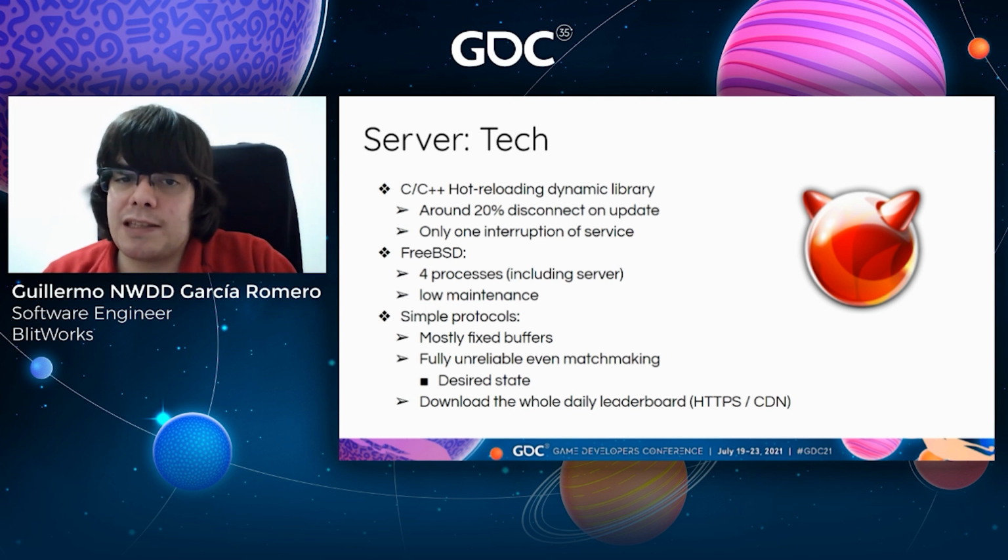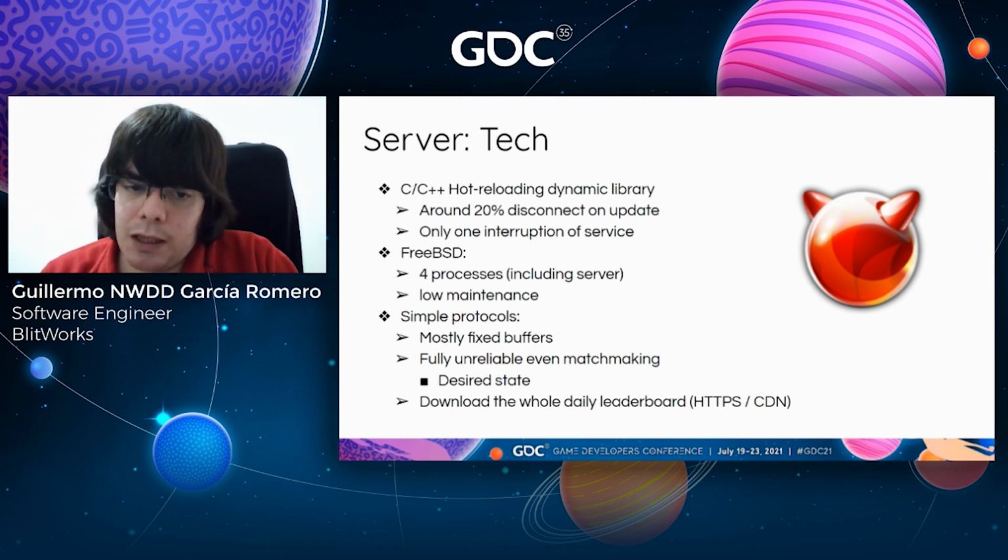The most interesting design choices are probably the leaderboard system, which is designed so that clients fetch the whole leaderboard as compressed blobs through content delivery networks, no complex API, and also the lobby matchmaking system, which is unreliable by design, so communication is performed by merging changes to a desired state structure that defines how the client envisions itself in the future. It works nice, it's easy to implement, it's easy to test, but it's a very bad model to provide meaningful error handling on lobbies.